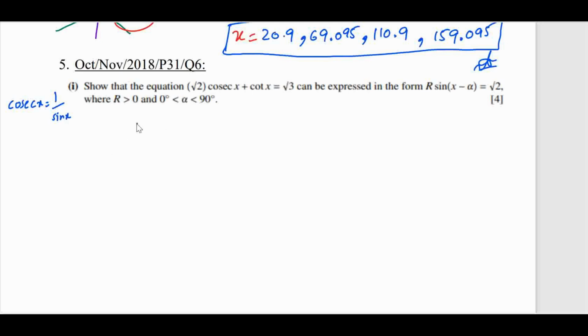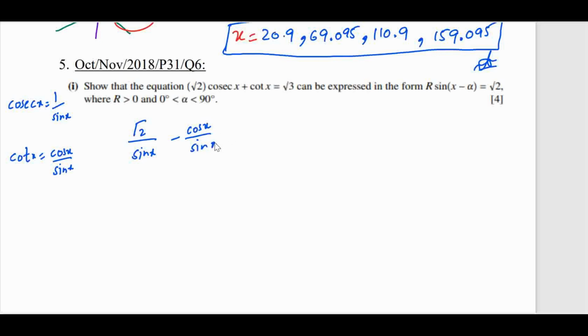So we can write the first one as square root of 2 divided by sine of x plus, now cot of x will be equal to cos of x divided by sine of x, because cot is the reciprocal of tan.